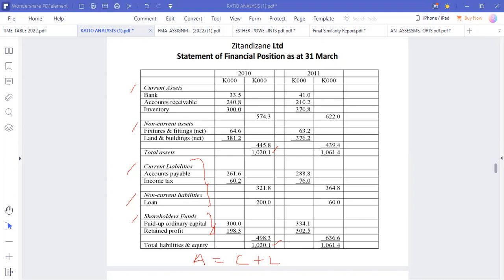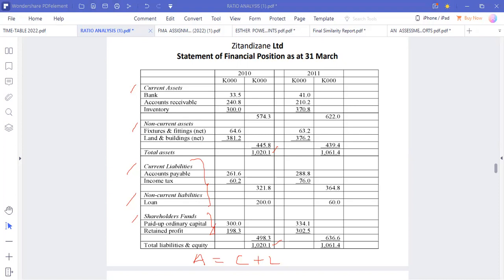So we talked about a number of ratios, okay? We talked about liquidity ratios. Under liquidity ratios, we talked about two kinds of ratios, which are what?